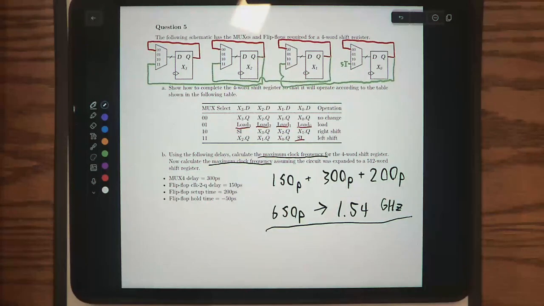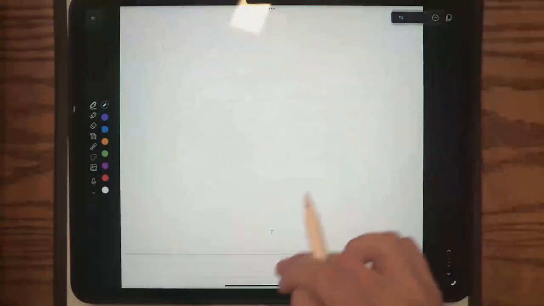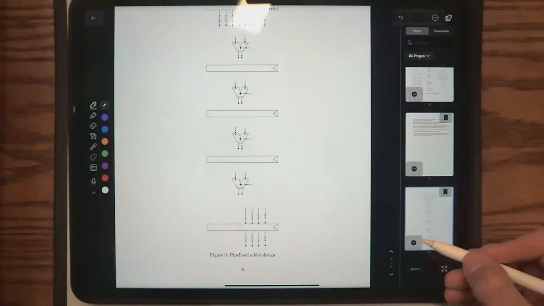A lot of people were asking about when you have a bunch of flip-flops on a line.